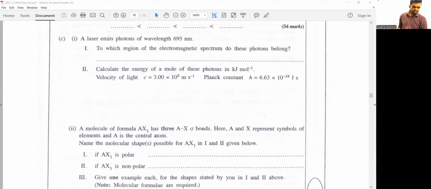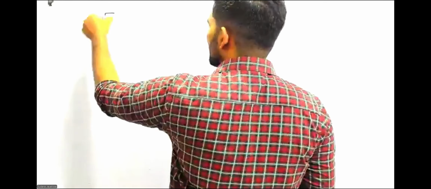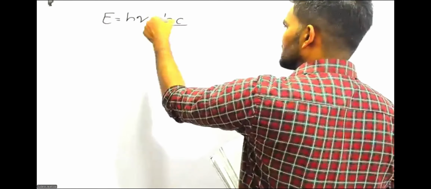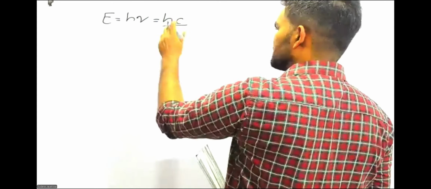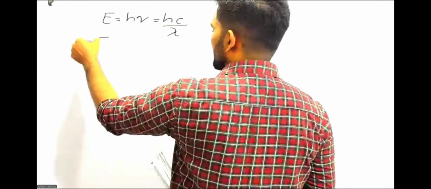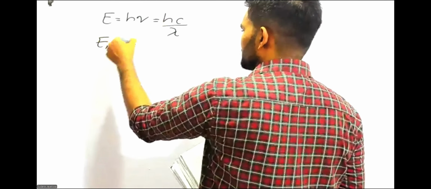And they're asking the energy of 1 mole of photon. They have given the speed of light and the Planck's constant. So how do we find the energy of 1 mole? Energy of 1 photon can be found using Planck's equation, hc over lambda. Lambda is the wavelength. If you need the energy of 1 mole, then what you should do?